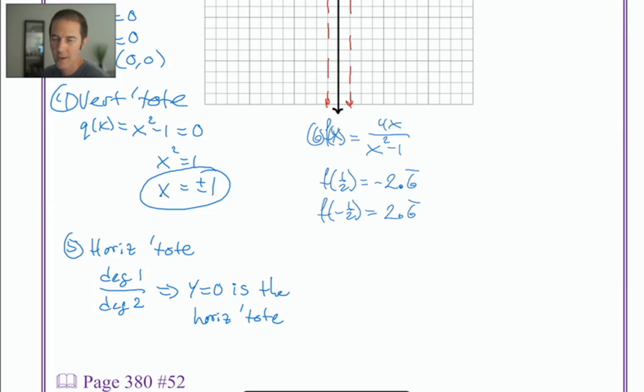That's not good. 5, 25, 24, 20. Nothing's really great. Let's use 3. So I type 3, store, x, enter, second enter, enter. And I get 1.5. So f of 3 equals 1.5.